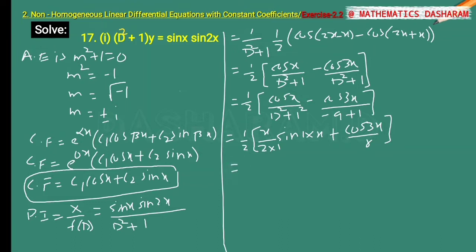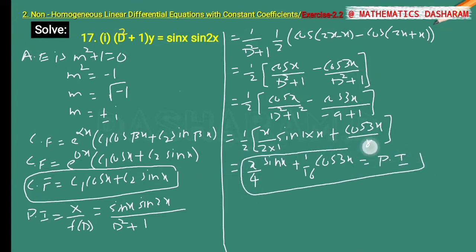So it is equal to 1/2 multiplied inside, x divided by 2, 2s are 4, sin x plus cos 3x/8, so x/4 sin x plus 1/16 cos 3x is the particular integral.